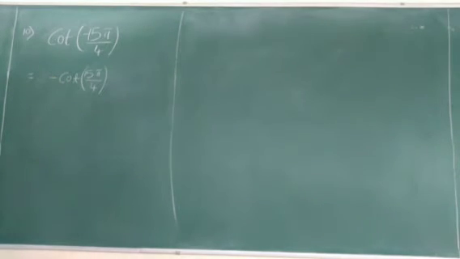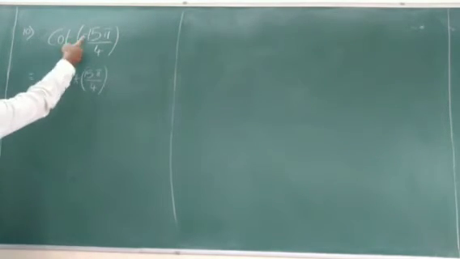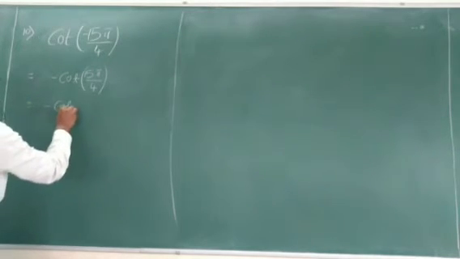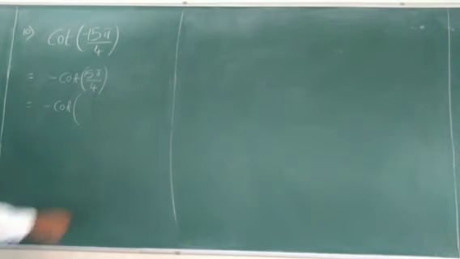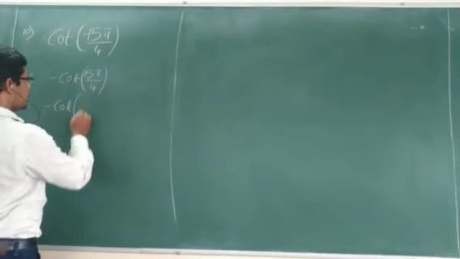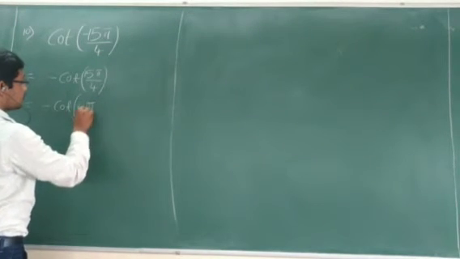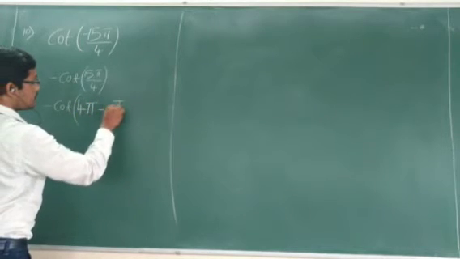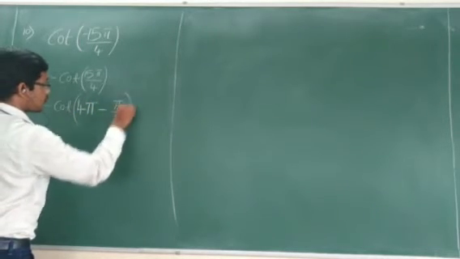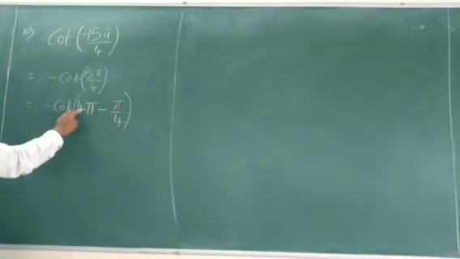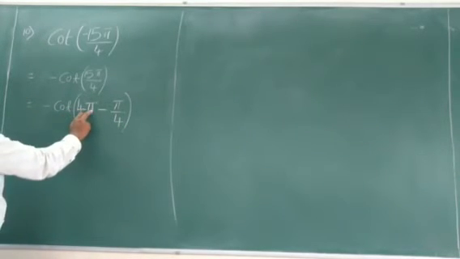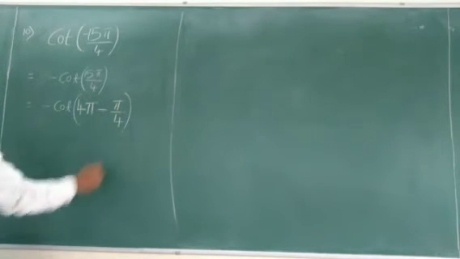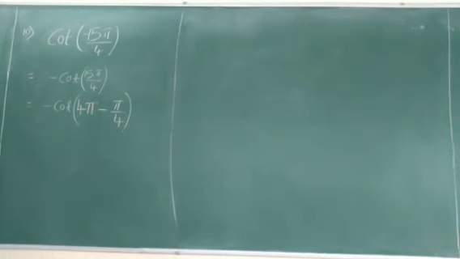For all the remaining values, this minus will come outside. So, now this we can write it as, again if you take the mixed fraction, we get 4 pi minus pi by 4. We can see 4 into 4, 16 pi minus pi, 15 pi by 4.